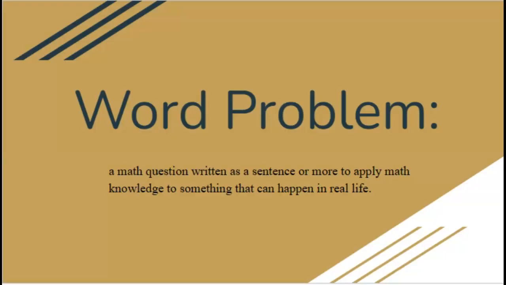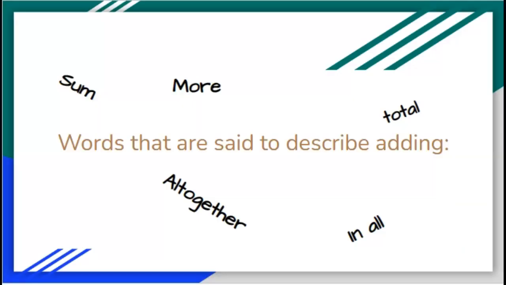So a word problem is a math question written as a sentence or more to apply math knowledge to something that can happen in real life. Words that are said to describe adding are sum, more, total, altogether, and in all.